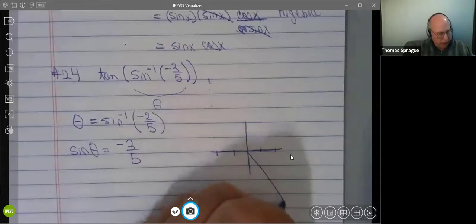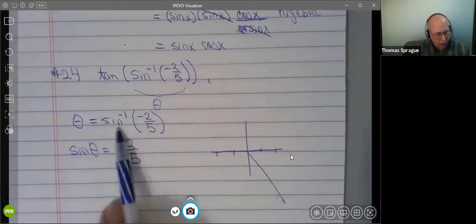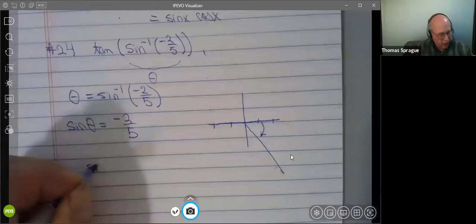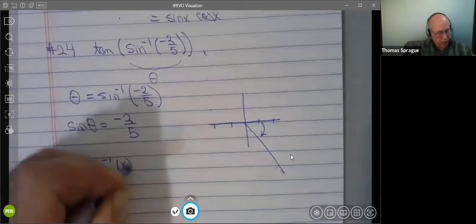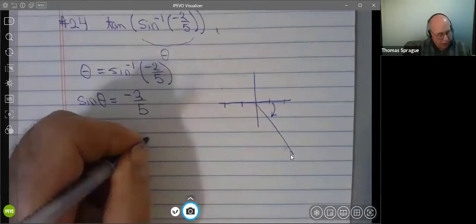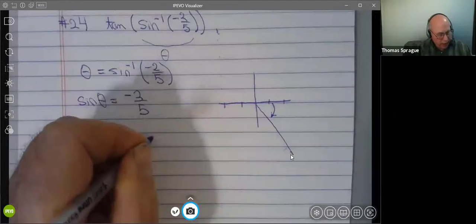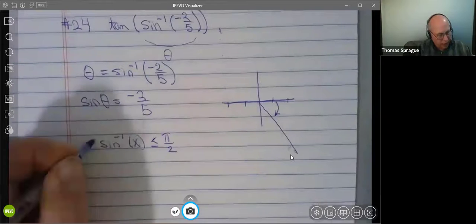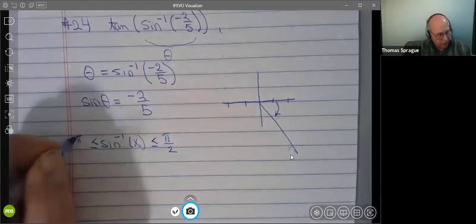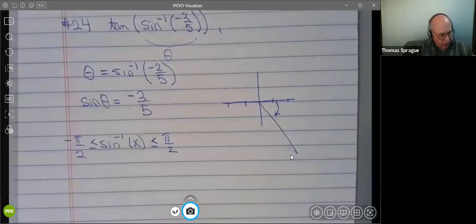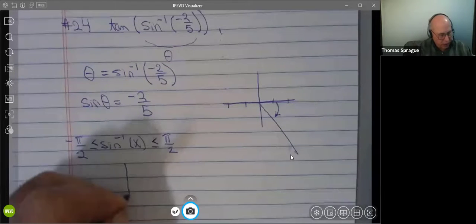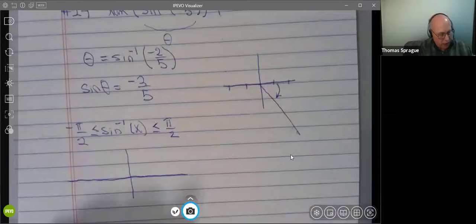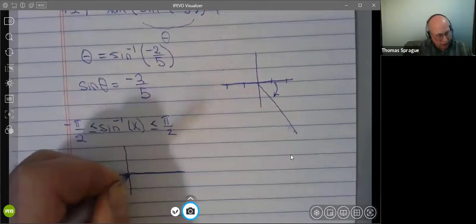And this is the one that the inverse sine will give you, because the inverse sine of x is always going to produce an angle that is at most pi over 2 and at least minus pi over 2. The reason is the inverse sine, inverse cosine, etc., always return the angle that is as close to the origin as possible. That gives the desired value.